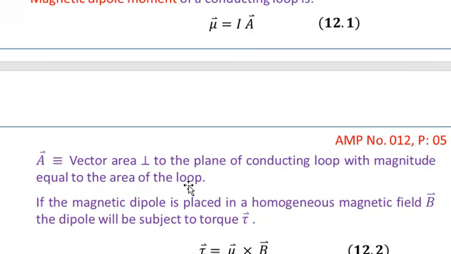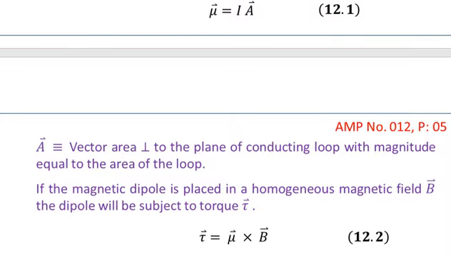And you know that if the loop has a radius r, then the area of the loop is given by pi r squared, and the vector A will have magnitude pi r squared, and it has a direction perpendicular to the plane of the current loop according to the right hand rule. So you need to curve your fingers in the direction of the flow of the current in the loop, and the thumb will give you the direction of the vector area A.